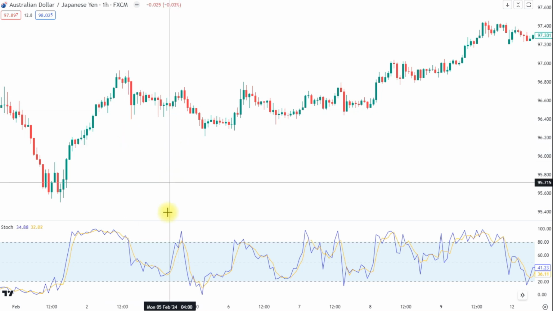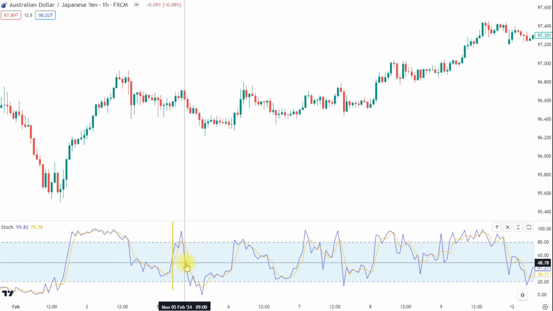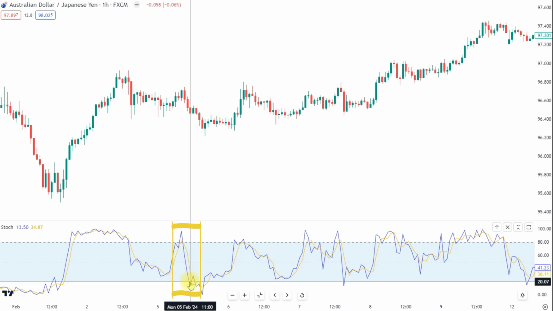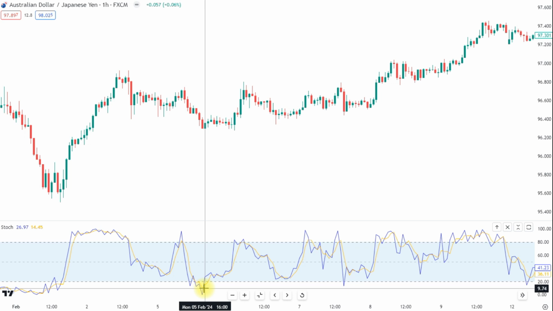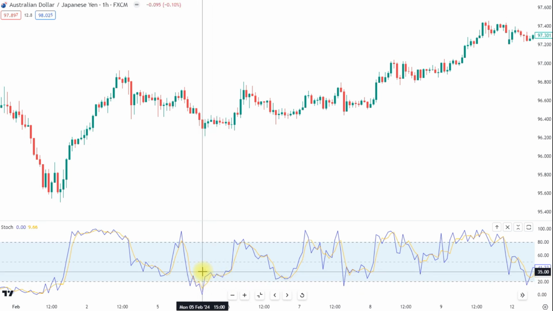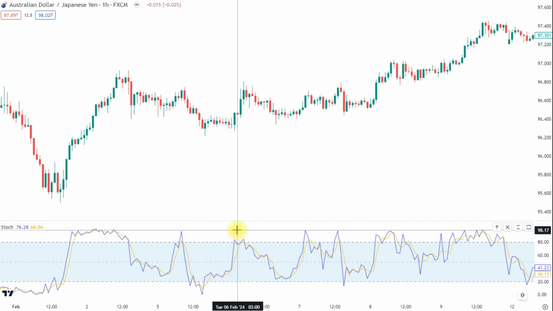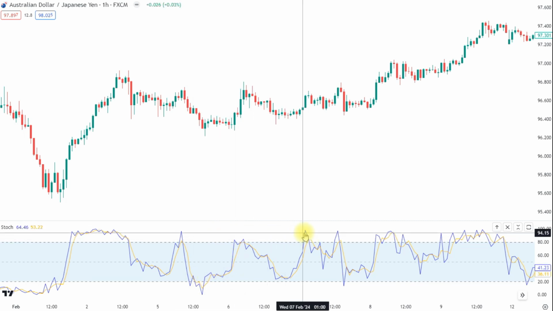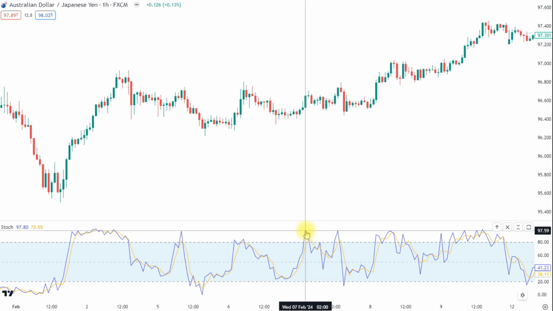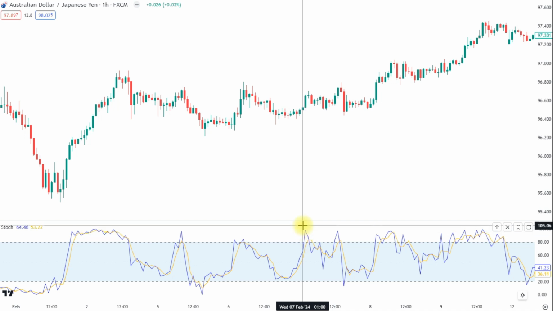So whenever we have the blue line below the orange line, we are in a downtrend. And when the blue line crosses the orange one again, then we have a momentum loss down here, a momentum loss from the sellers, which is indicating a possible trend change from short to long. And of course, the other way around, above here, we have a momentum loss of the buyers and a possible trend change from long to short.